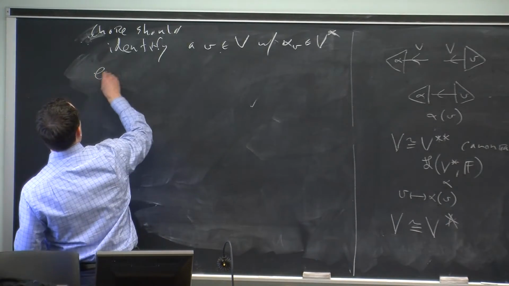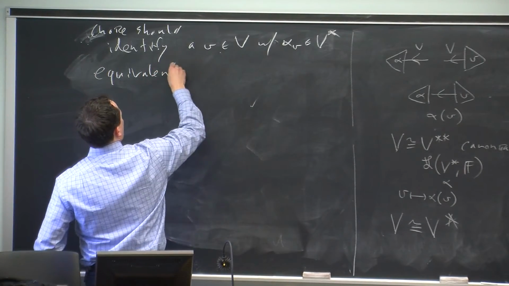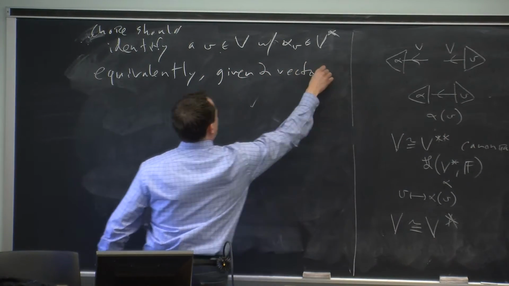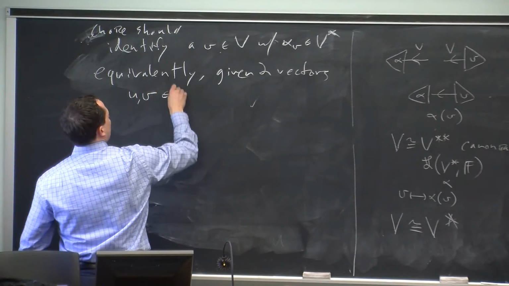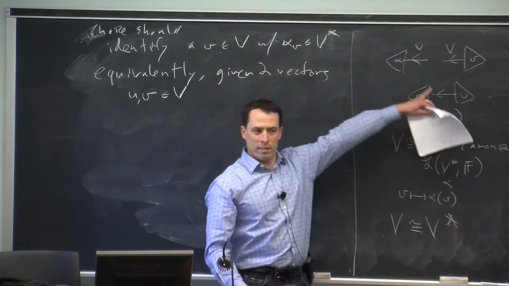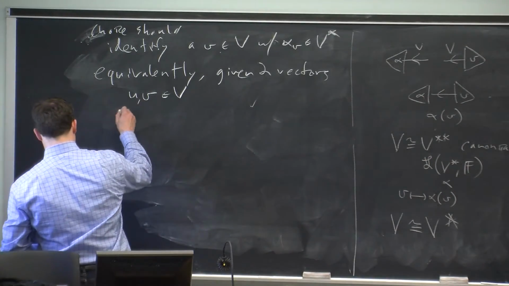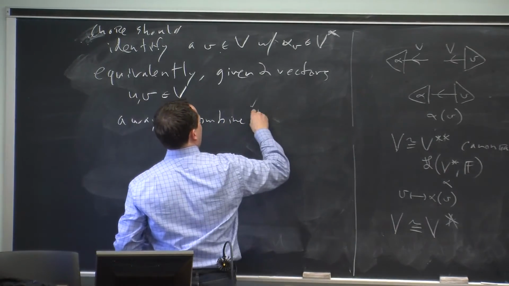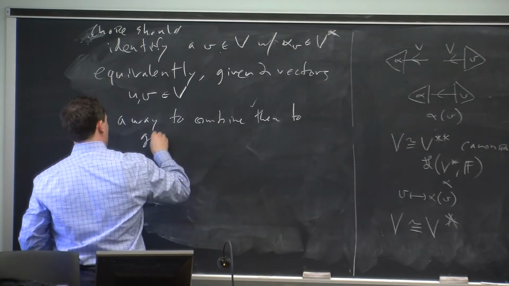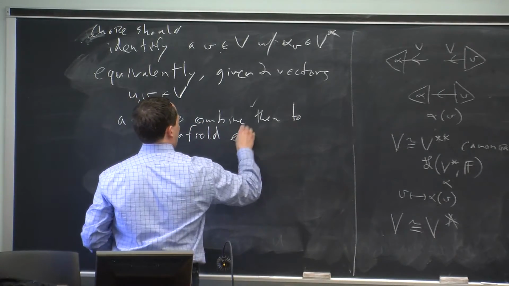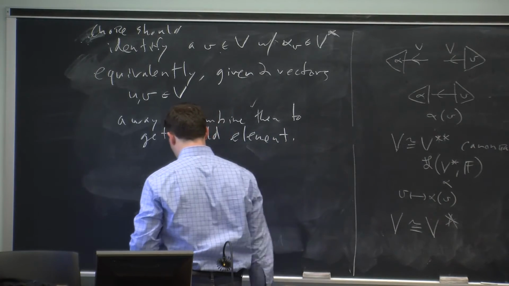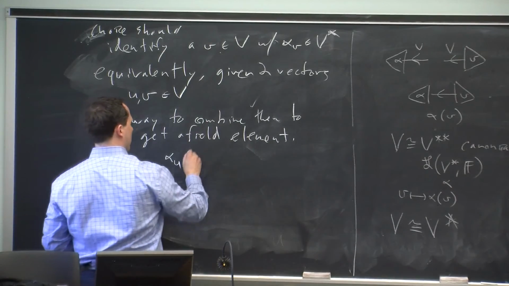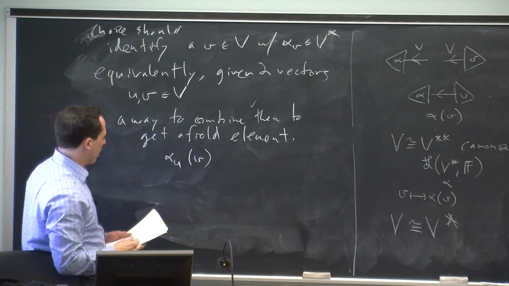Or equivalently, given two vectors, U and V, it should give me a way to combine them to get a field element: alpha sub u, whatever this map is, of V. That would be the field element.